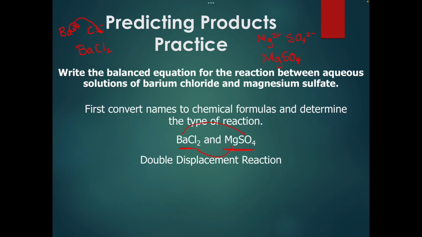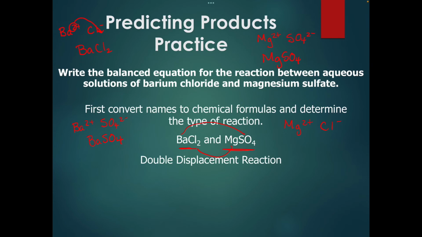When barium reacts with sulfate, we have Ba2+ and SO4 2-. Those charges are equal and opposite, therefore we're going to get BaSO4. When magnesium reacts with chlorine, we have Mg and Cl-. You'll notice that the 2 from BaCl2 does not show up when I circle and switch.